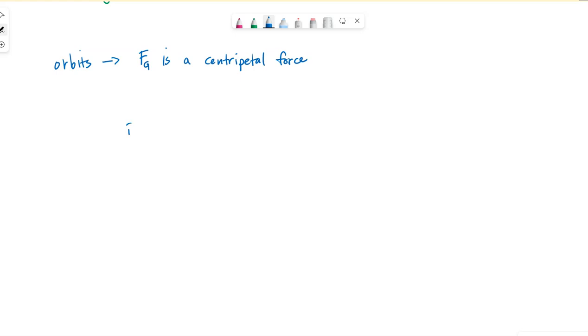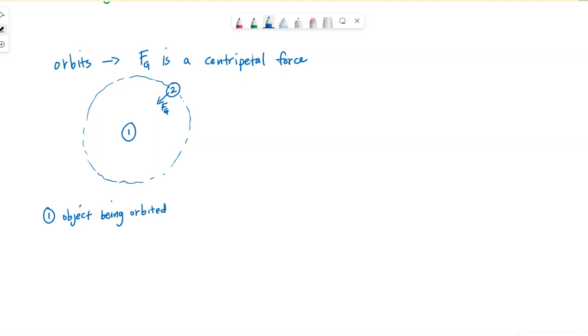So any object that is being orbited is pulling on a second object, this force of gravity, but the net result is a circular motion. So object 1 is the object being orbited. This one always has to be more massive than object 2.